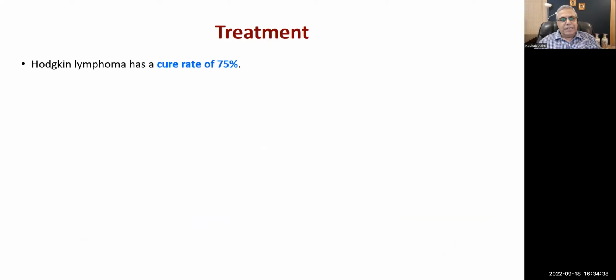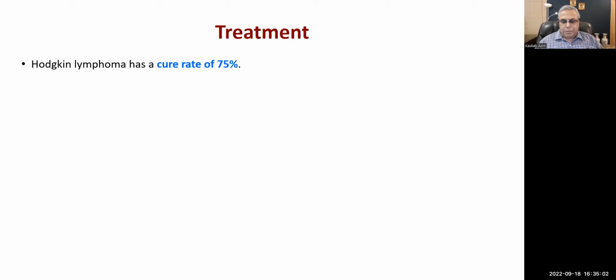Now we go on to the treatment, and the treatment is a little bit complicated. Again, there are 3 or 4 protocols that are there, and there are some drugs, and there are some differences in those protocols. But there is one protocol which is known as ABVD, which is the most common protocol.